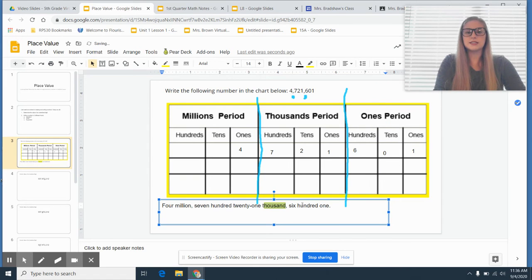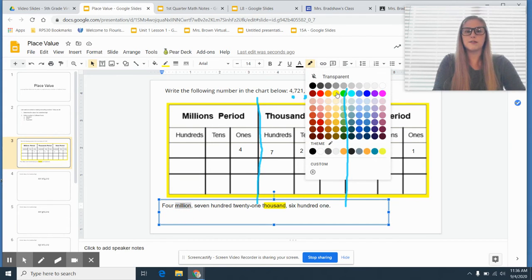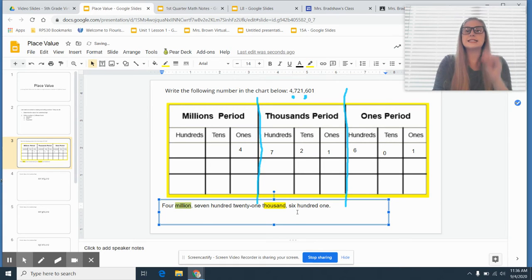And then 601. And the important part of that last part of reading that is we say 601. We do not say the word and, because if we remember from last week, an and represents a decimal point that then goes into fractions, and we are not dealing with fractions yet.